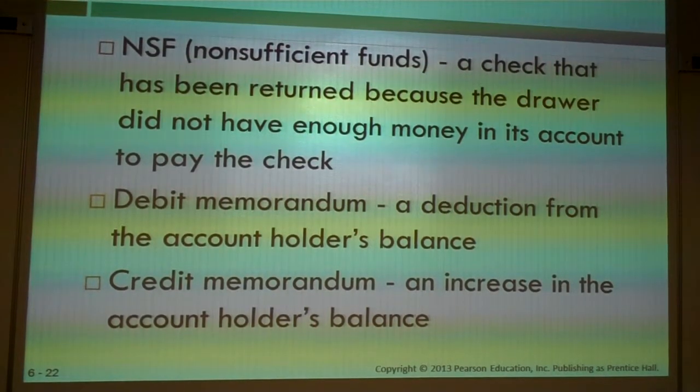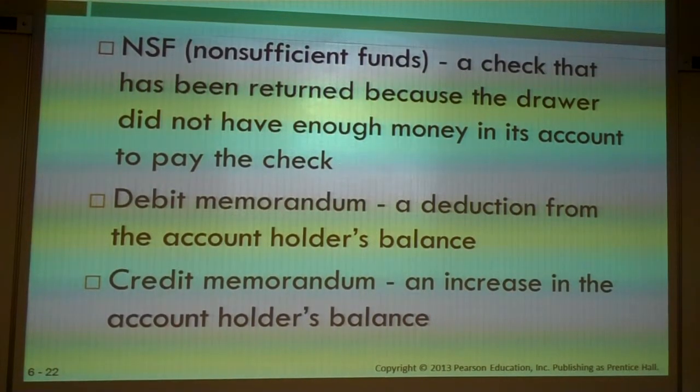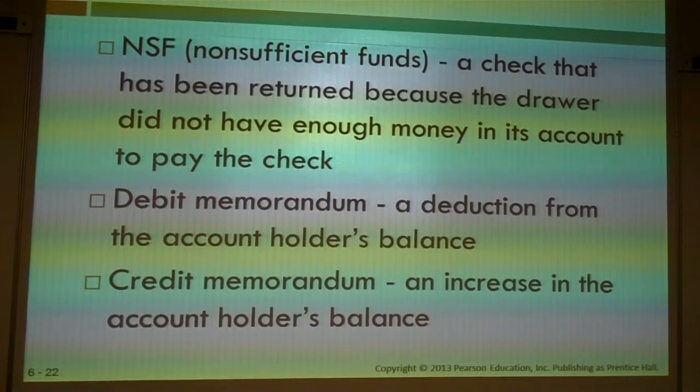NSF check, non-sufficient funds. We've written a check and we didn't have the money there. If a check that we've deposited has NSF, usually we're charged. Sometimes it's $25, sometimes it's a little more. A debit memorandum, and the next two things, you'll see those on the test.